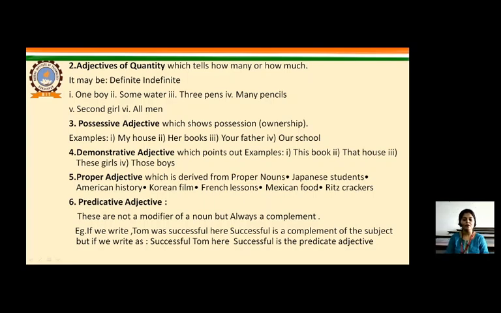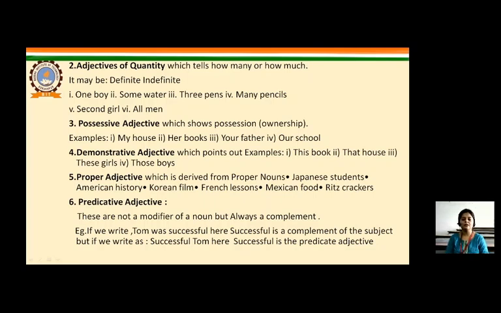Then we have proper adjective. Now what is proper adjective? When you are referring to a proper noun and you are describing something about that proper noun, then it is a proper adjective. Like in the above you can see this book. Here book is a common noun because I have not mentioned the name of any book. So in this book, the adjective is being used with a common noun, then it is demonstrative.